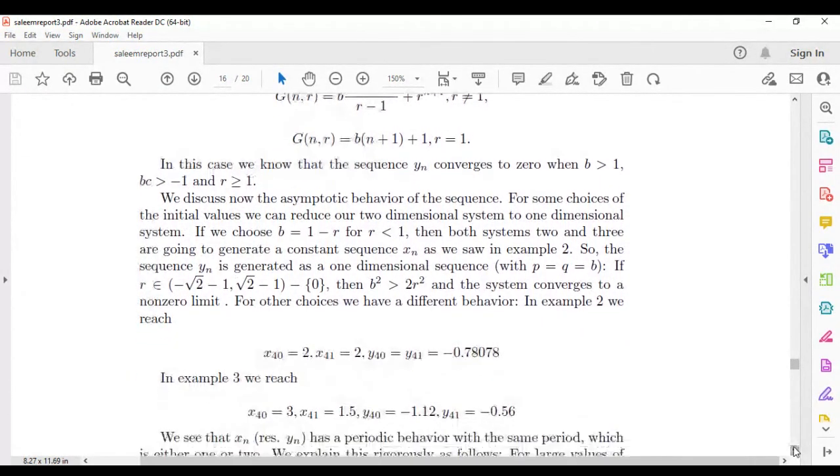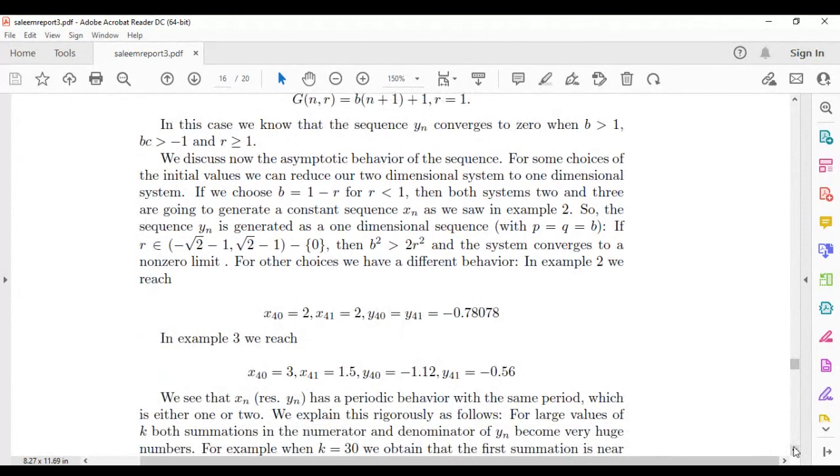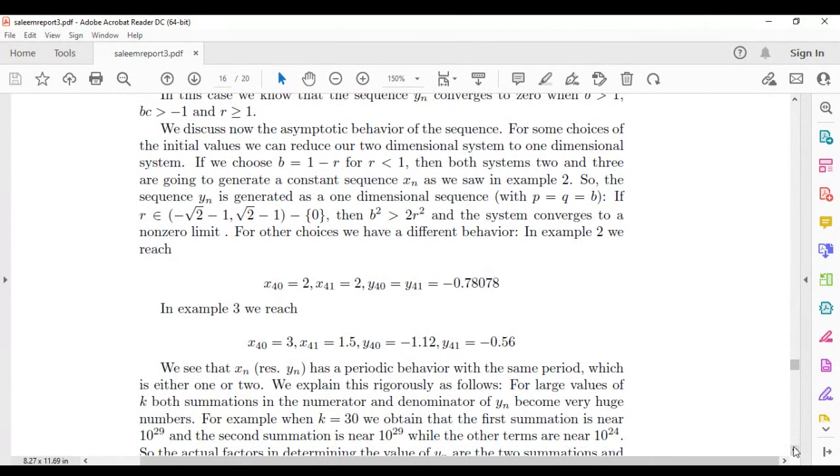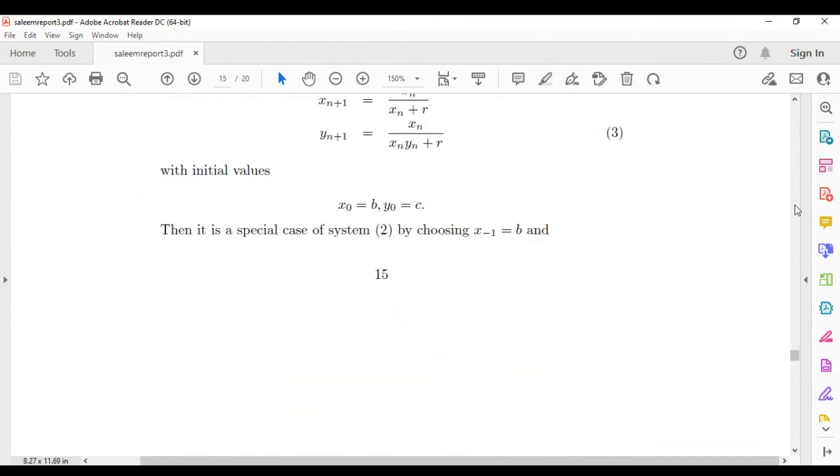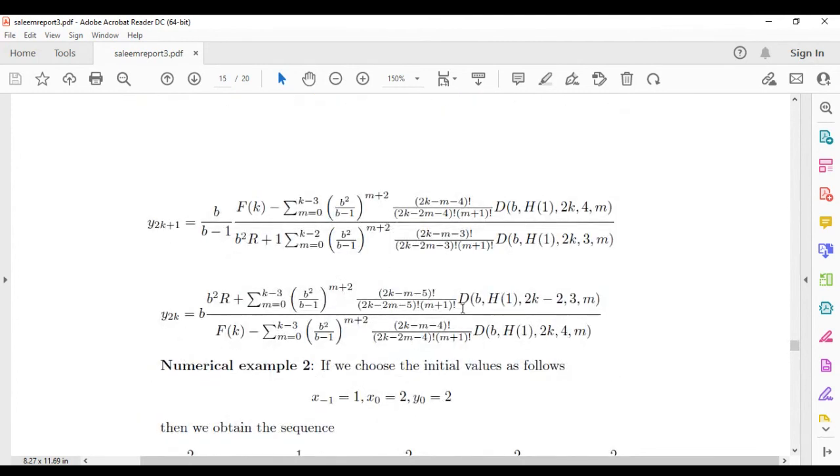We just make this expectation that in this case, for example, example 3, we have these two limits, and this is due to the fact that the summations in the numerator and denominator will be almost the same after a certain step, about 10 to the power 29, and then we can see that there must be a limit.